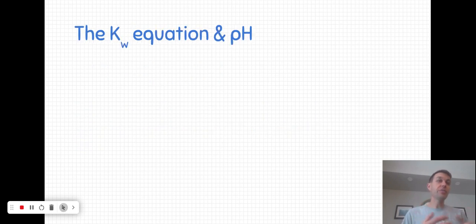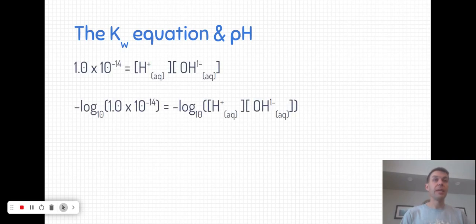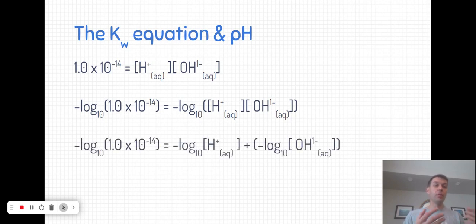There is another useful equation that we can derive from the KW expression. If I take the negative log base 10 of both sides of the KW equation and apply the log product rule, we get an equation that looks like this.